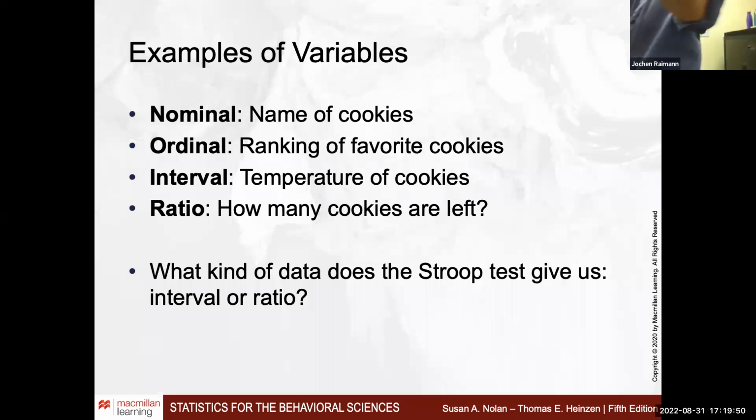If, for example, you have 10 cookie jars and 10 entries in your spreadsheet, cookie jar 1 contains the oatmeal raisin, your most favorite cookie, heated to a temperature of 20 degrees Celsius, and there are 10 in there. That makes it distinctly different from cookie jar 2, where there was a chocolate chip cookie back in the days, but now it's empty. That's kind of the idea. That's a simple way to look at it. Okay.